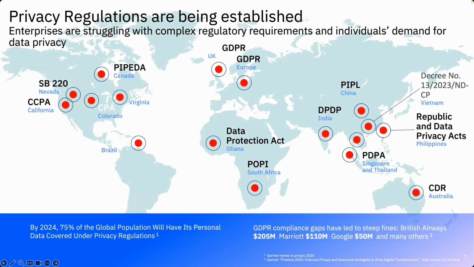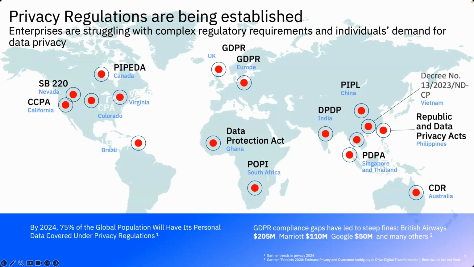As you can see in the picture, privacy regulations are being established and developed. These laws are complex and they change because there's demand for privacy. By 2024, 75% of the global population will have its personal data covered.